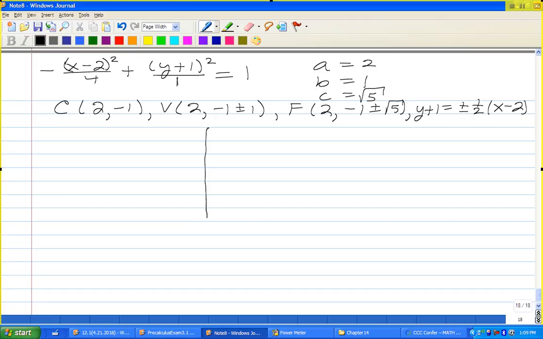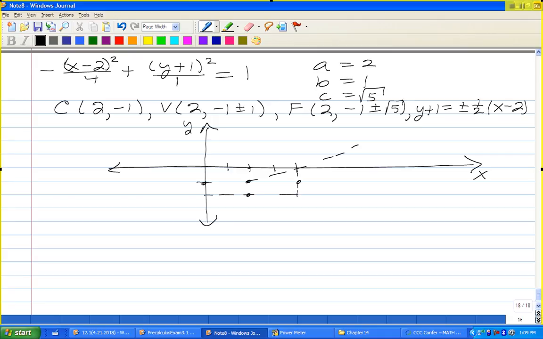Sketch the graph. Center is at 2, negative 1. You go 2 in the x, 1 in the y, and here is your bounding rectangle.